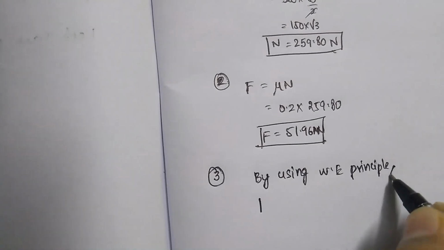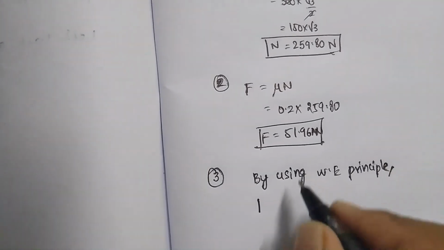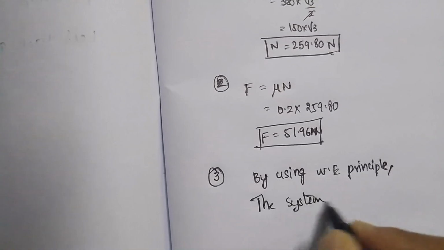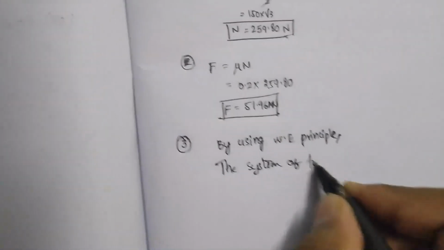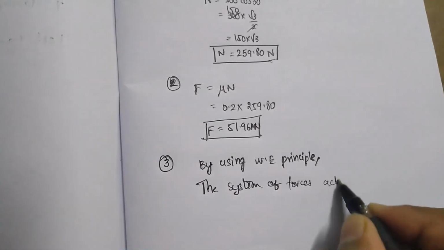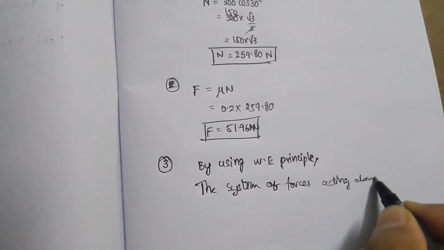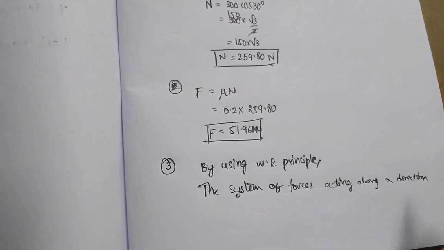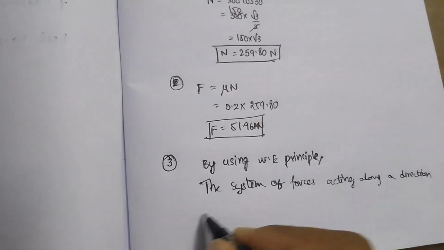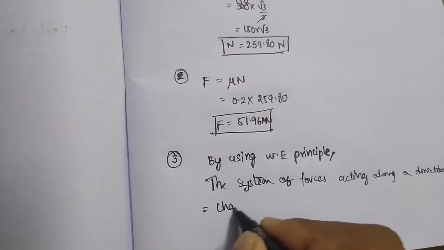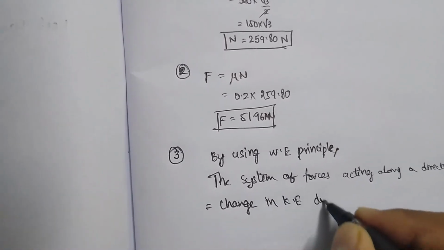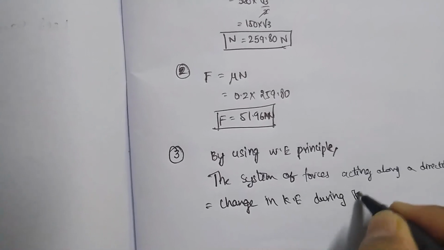The work energy principle is that the work done by the system of forces acting along a direction is equal to the change in kinetic energy during its displacement.